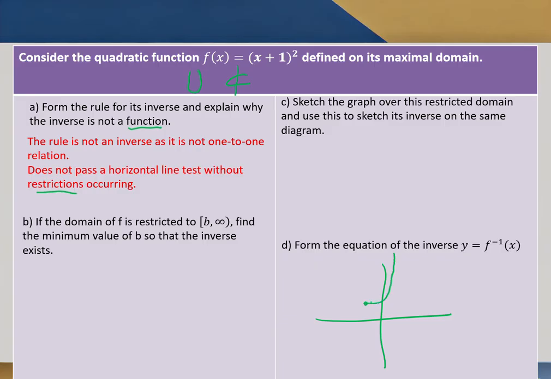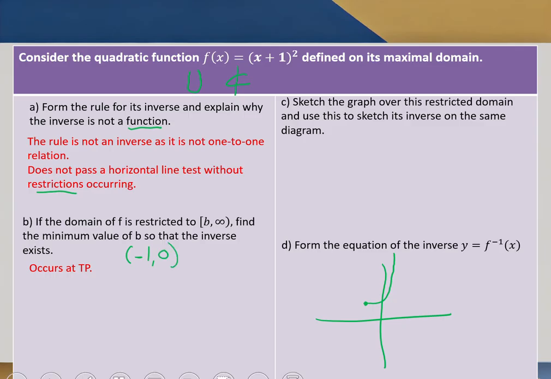If I draw it from the turning point, it's going to be one-to-one. Immediately when I draw the other half of it, that is where we have our issue. So the first thing we need to think about is, what is the turning point? The turning point is going to be when x is -1, y is 0.